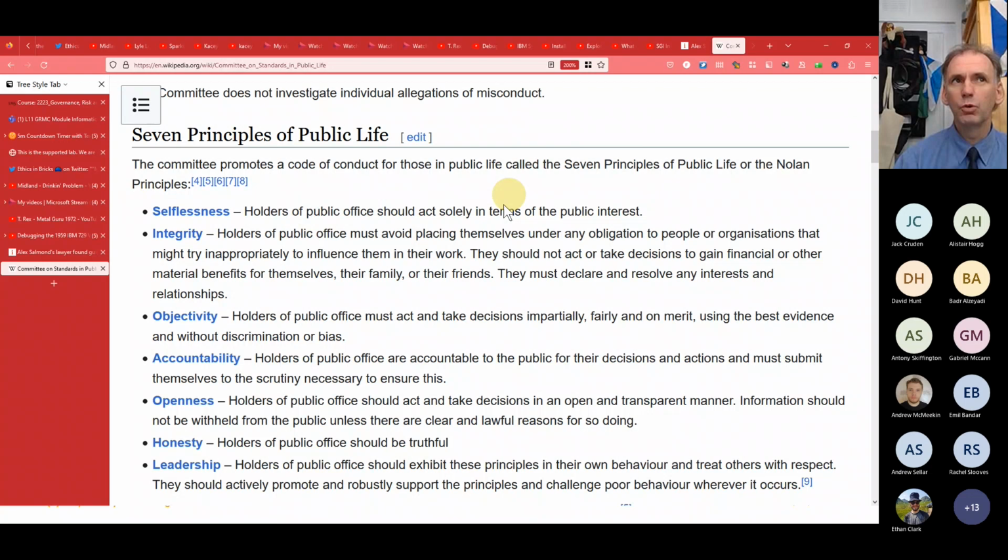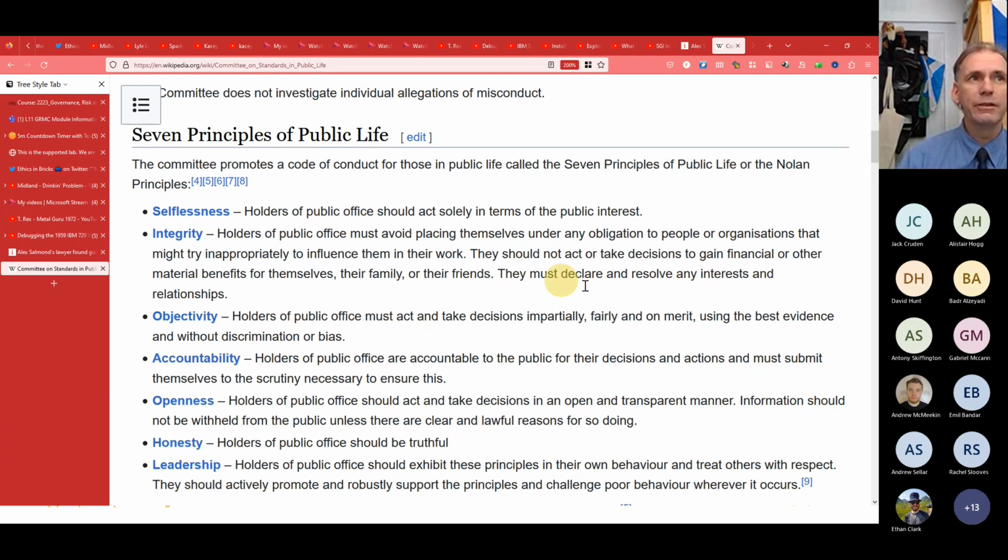Selflessness, so you act in terms of the public interest. So remember, this is about a public position, specifically to begin with, Westminster. So when you are in that position as an MP, you work in the public interest, not in your own interest. And many MPs have had, and some would argue still have, forgotten that.